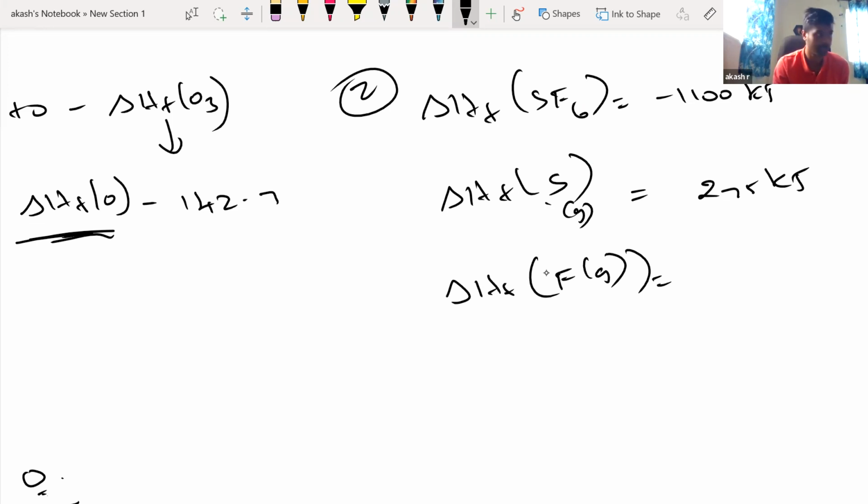This is the sulfur atom, this is the fluorine atom, and that is given as plus 80 kilojoules per mole. Now they want to know the bond dissociation enthalpy of the SF bond in SF6.